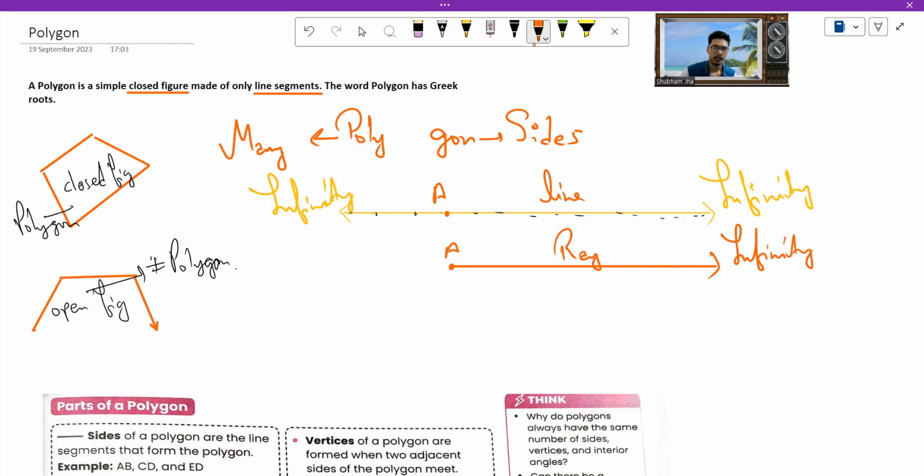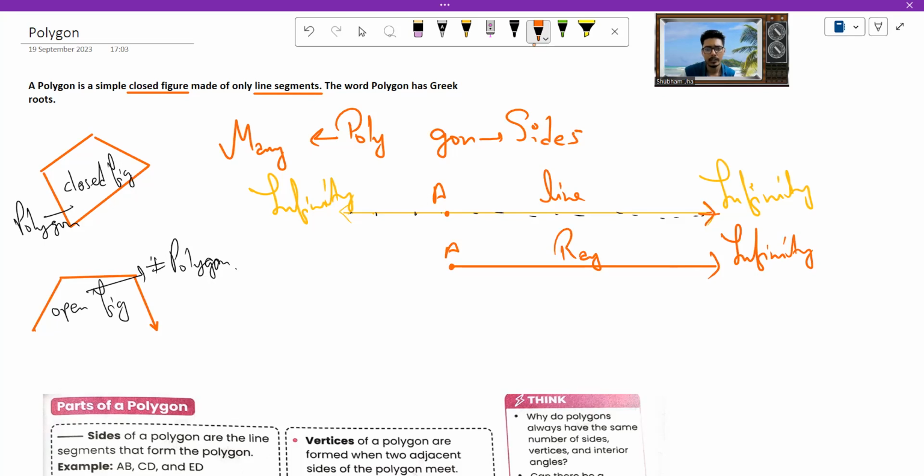Now, if you talk about a line segment, what is a line segment? Basically it is a part of a line. So if this is only one point now, I cannot measure any distance from this point unless we fix that point, because this line is going towards infinity and any point on infinity is undefined.